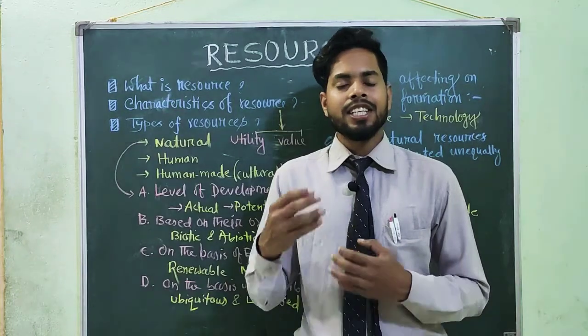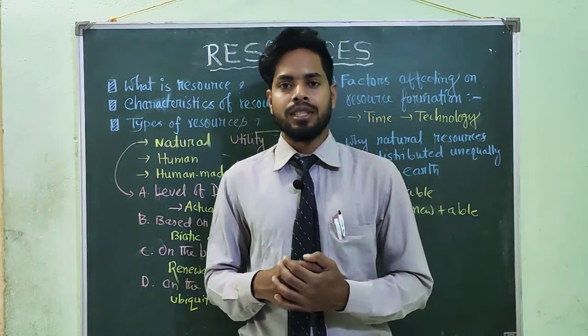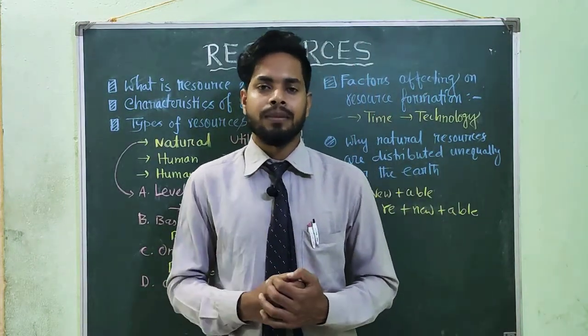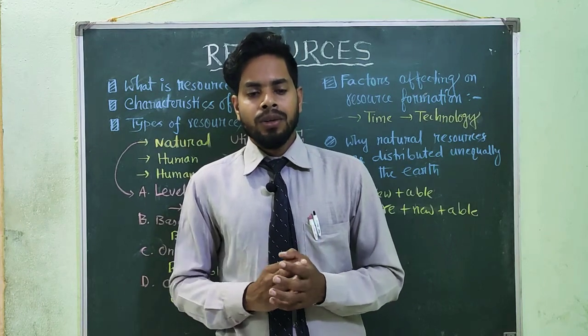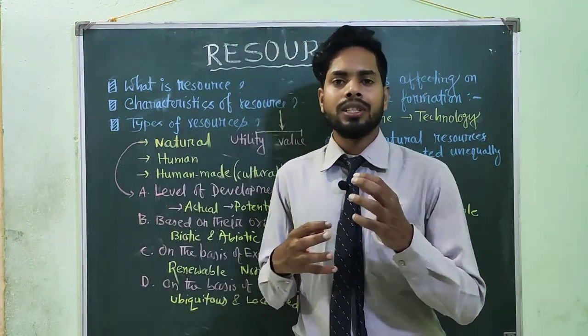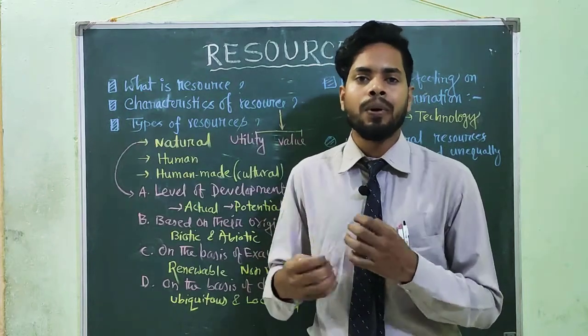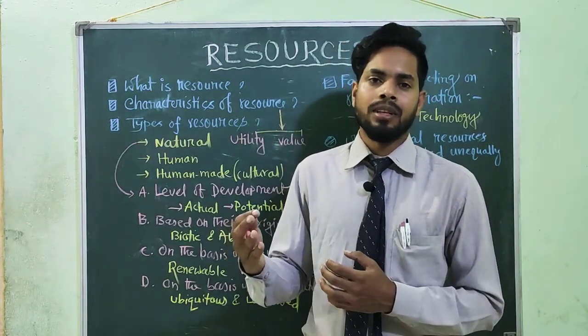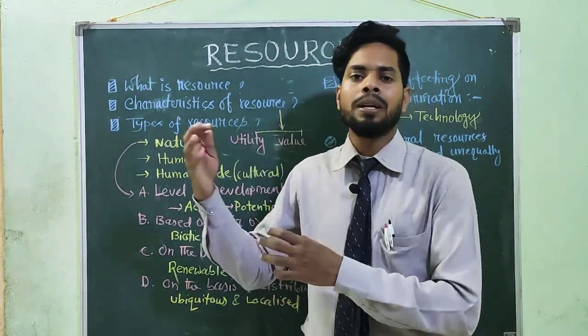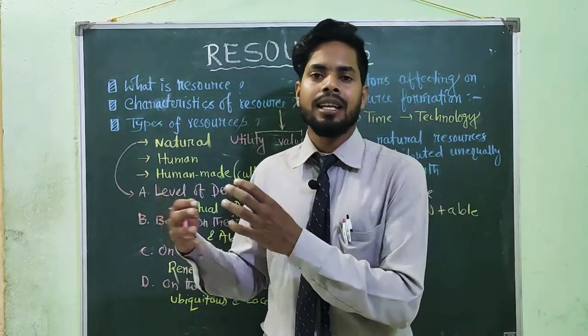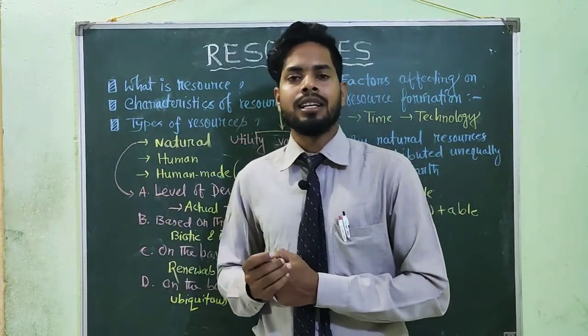So let's discuss natural resources and their classification. Think of those resources that we obtain from nature. Those resources that we obtain from nature are referred to as natural resources.